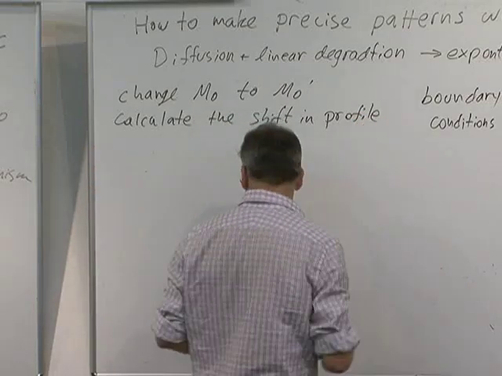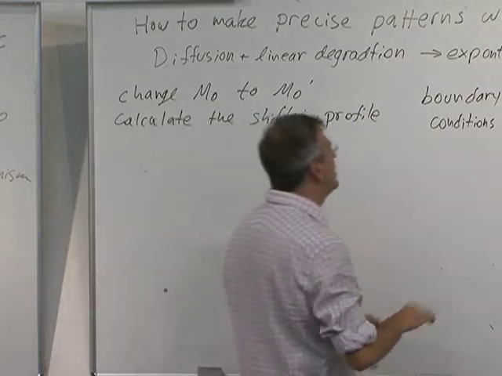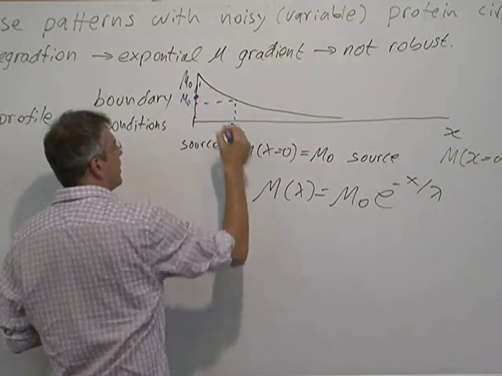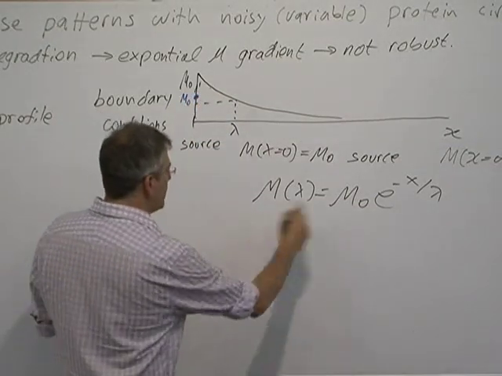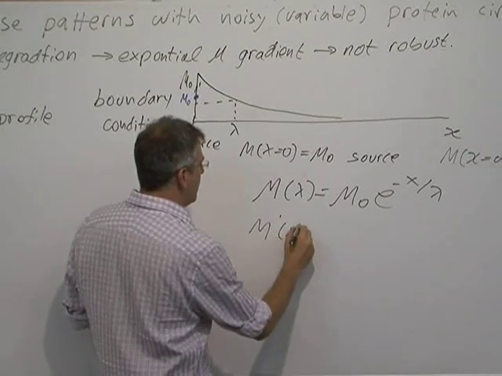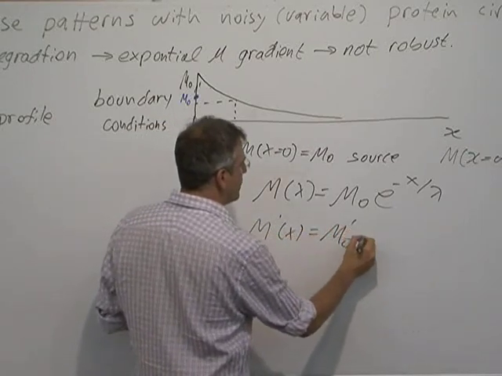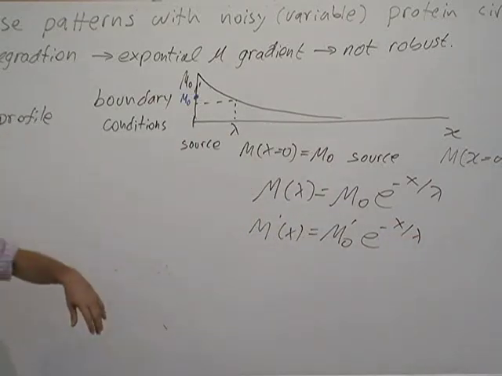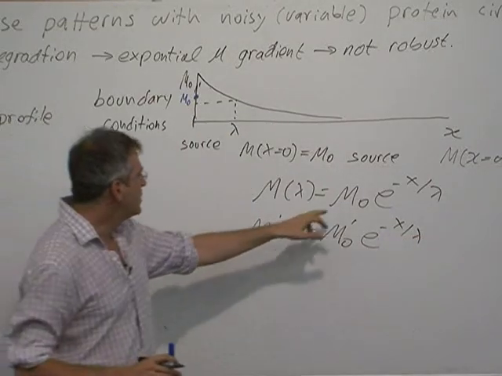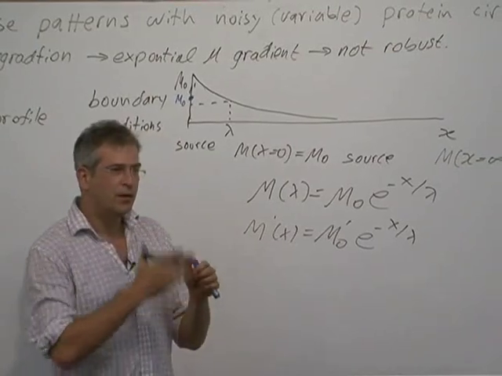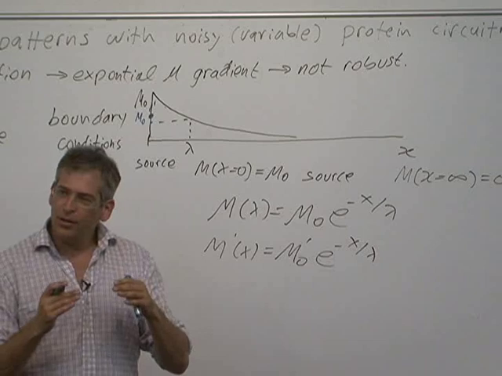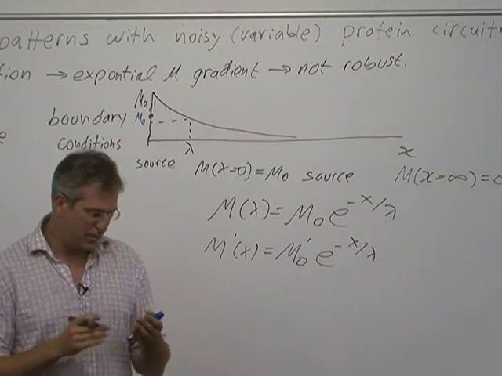I'm going to change the source, let's say, to a lower amount. We know what the profile will be. It'll just be that lower amount times the same thing, right? Because we didn't change the diffusion constant, we didn't change alpha, we just changed the source. So we have an exponential, the same typical length, except it's starting at a lower level at x equals 0.